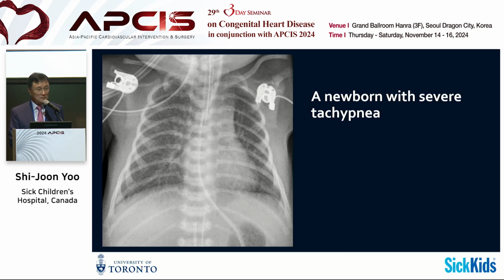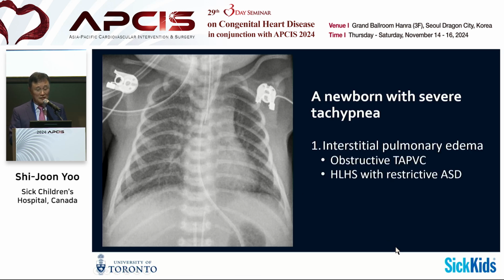In this newborn, heart size is normal, situs is normal, and you can see both lungs are diffusely hazy, but the lung volumes are reasonably good, but the vessel margins are not clean. And this is the so-called reticular pattern in both lungs. This is typically seen in interstitial pulmonary edema, most commonly in obstructive total anomalous pulmonary venous connection.